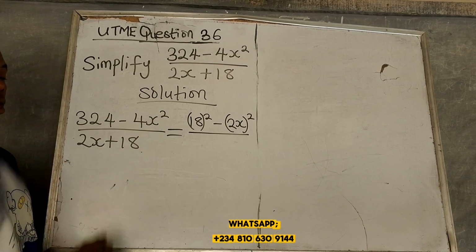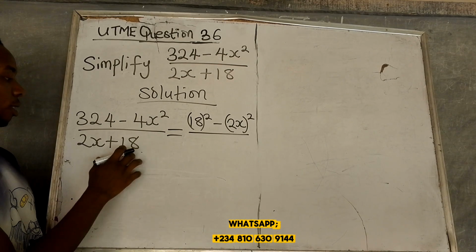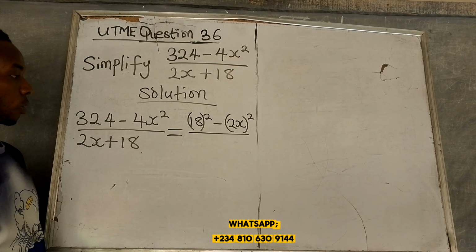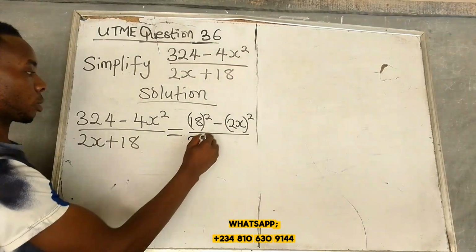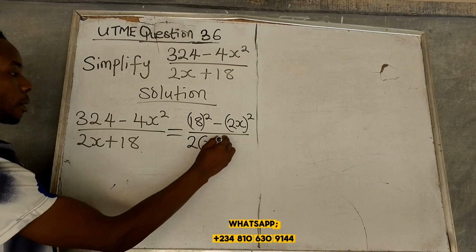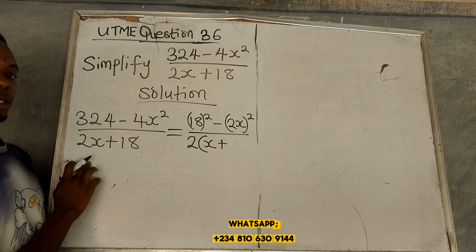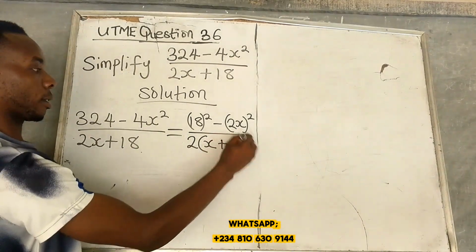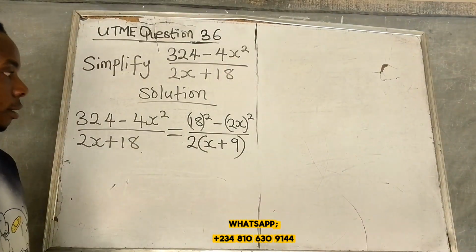Look at them. They have something in common. What's the common thing between them? It's 2, right? So we factor out 2. Open bracket, 2x divided by 2 is x, plus 18 divided by 2 is 9. Close the bracket.